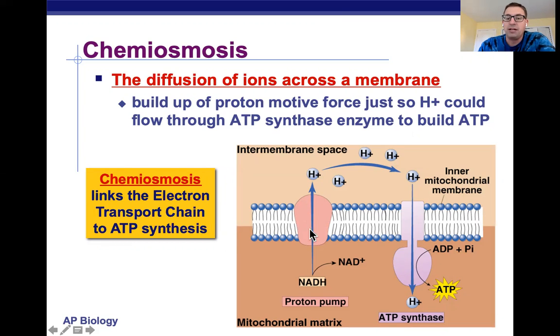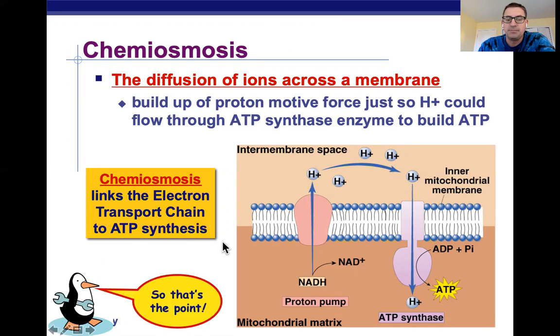The energy from those electrons went directly to pumping protons into the intermembrane space, which then passed through ATP synthase to activate it so it could make ATP. So this chemiosmosis links the electron transport chain to ATP synthesis over here, or couples the electron transport chain with ATP synthesis.